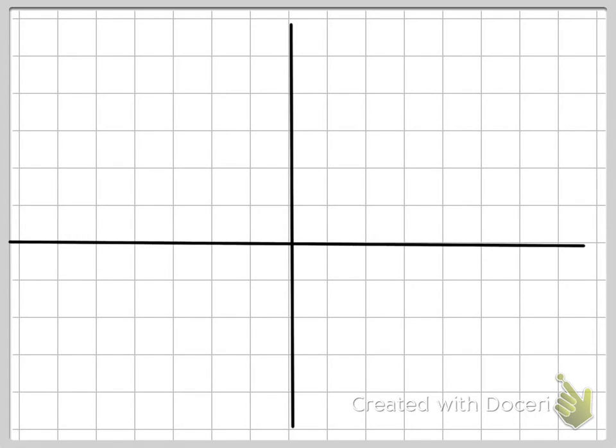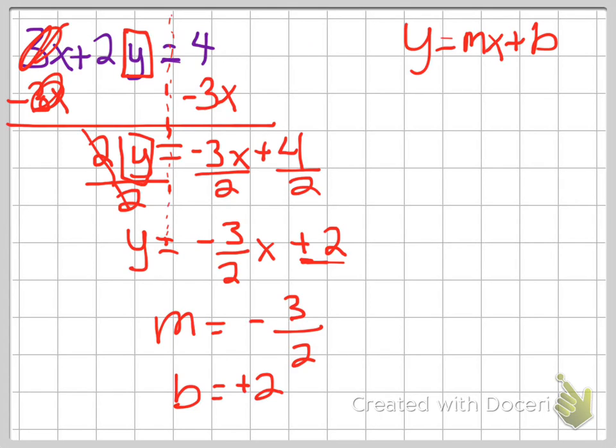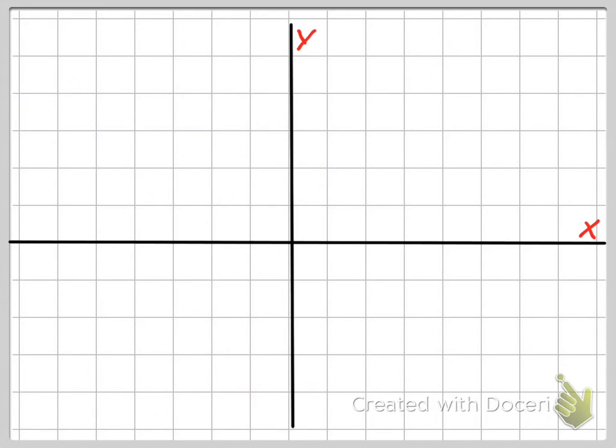Alright, now what I'm going to do is go ahead and draw a coordinate plane. Here's my x-axis, here's my y-axis. It's not writing. Now, I'm going to look at these two things right here. I'm going to plot my y-intercept.